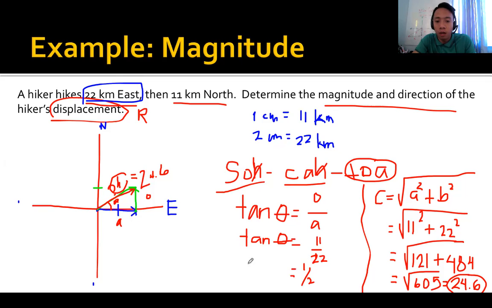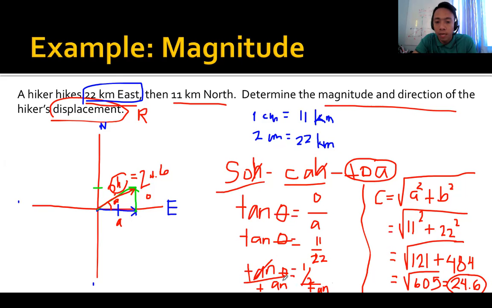Okay, so we will divide both sides by tangent. Tama? Para maiwan si theta. Correct? Did you remember this?